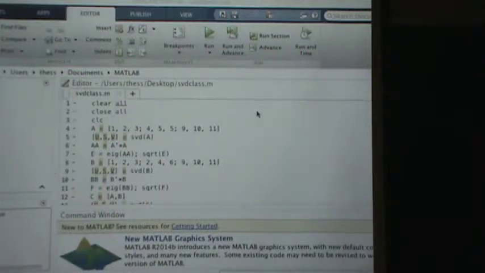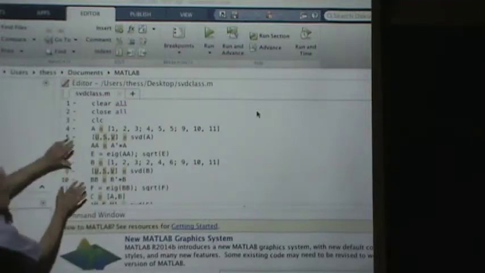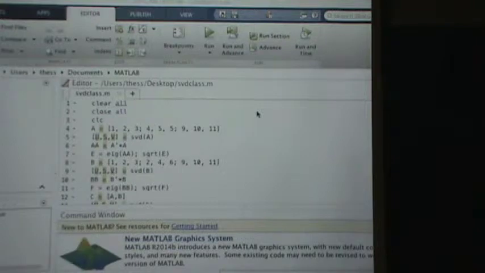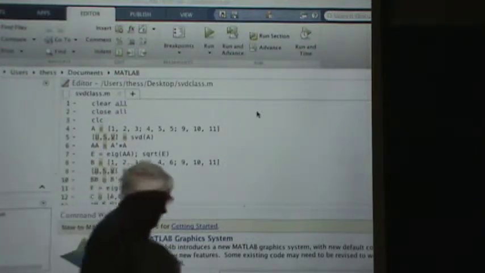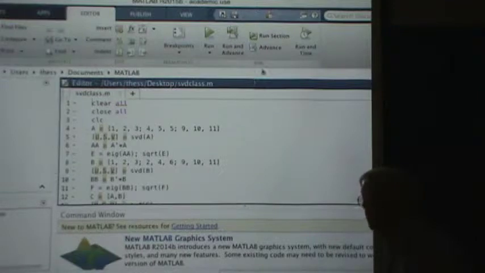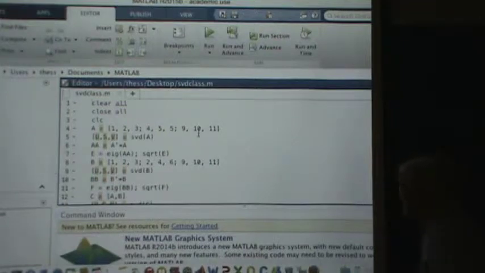The normal MATLAB window has an upper part, which is the script, and then a lower part, which is the calculation part. All right, well, let me just show you what I did here, but I'm now starting to think this is going to be a disaster.